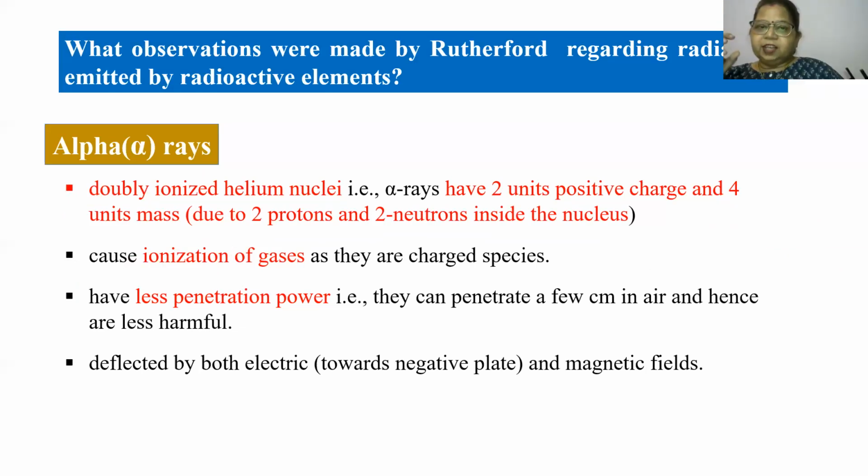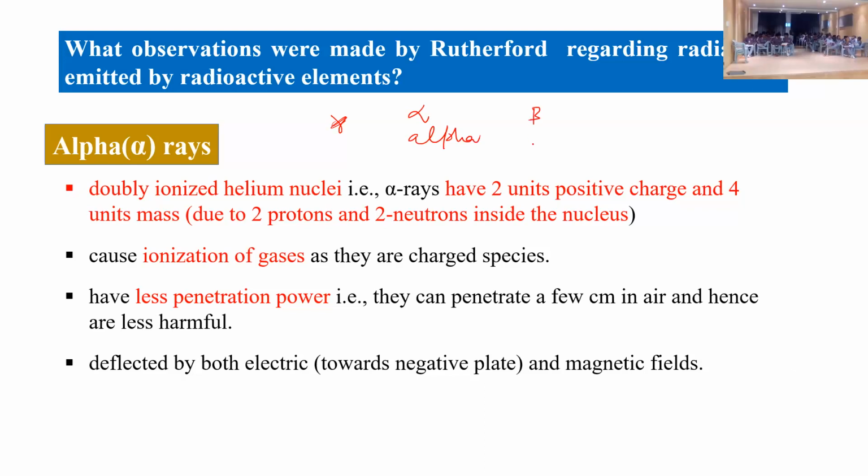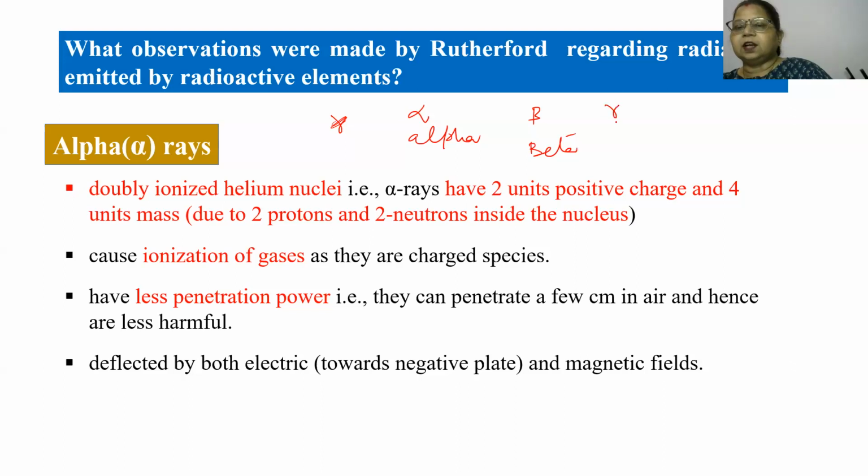See, the radiations which are emitted by the radioactive substances are of three types. One is called alpha rays. Sorry, this one is the symbol of gamma. We have alpha rays, we have beta rays, and we have gamma rays.